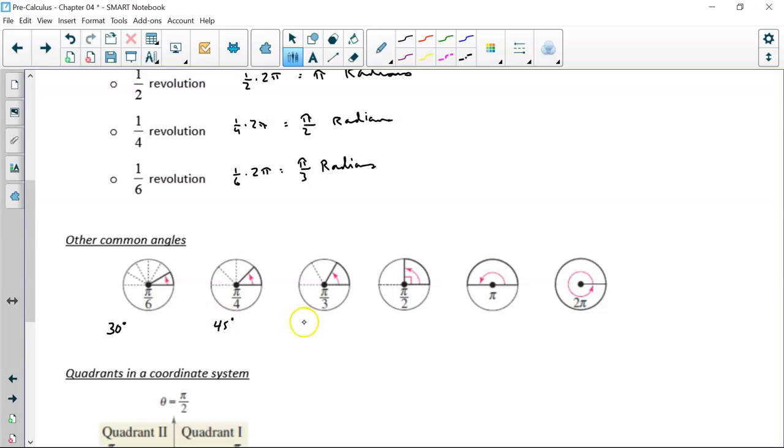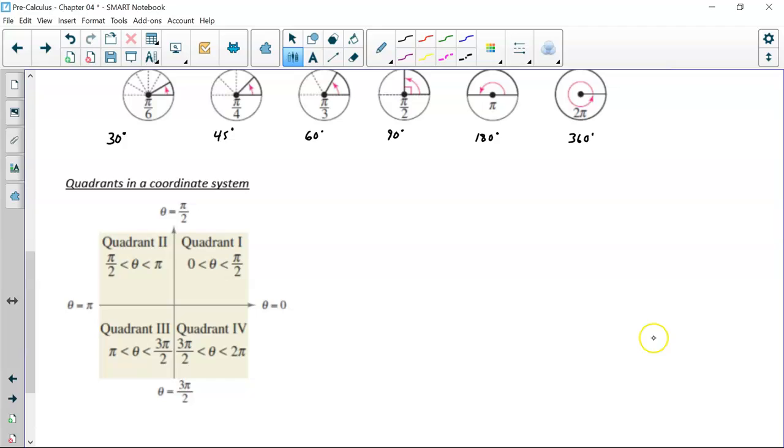Pi over 3 is 60 degrees. Pi over 2 is 90 degrees. Pi radians is 180 degrees, and 2 pi radians is 360 degrees. You want to get used to thinking about it in terms of pi radians and in degrees, and these are the most common that you're going to see.